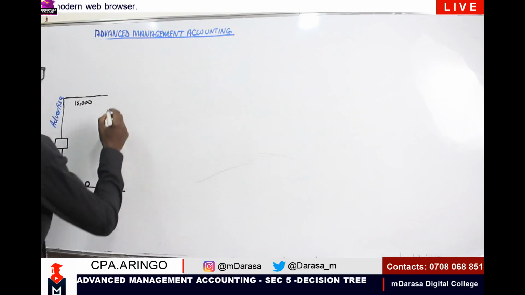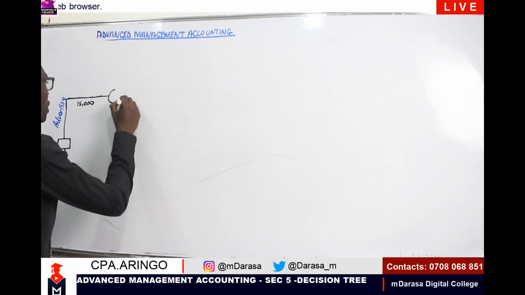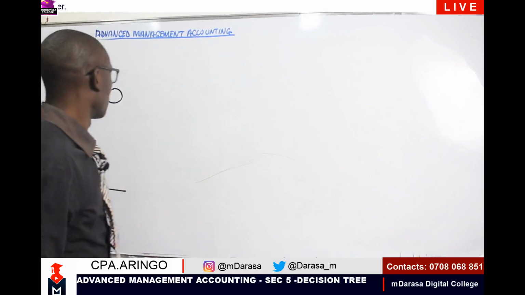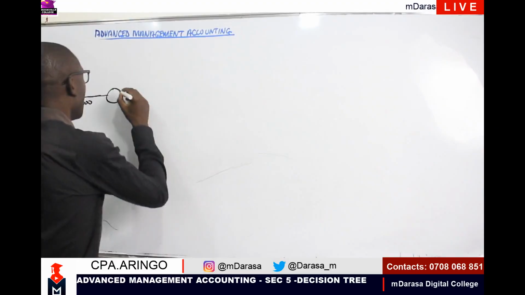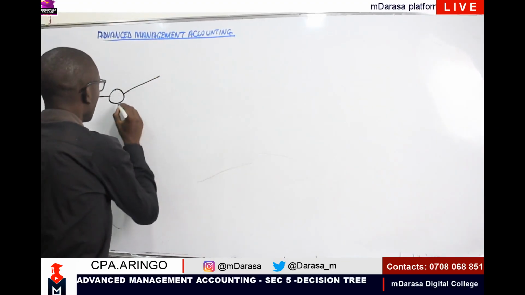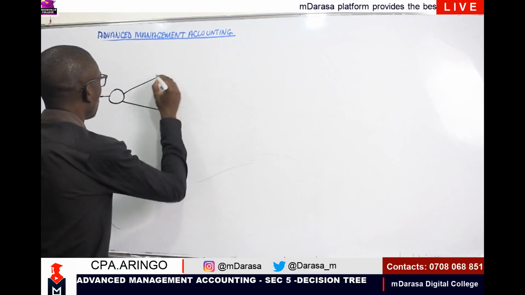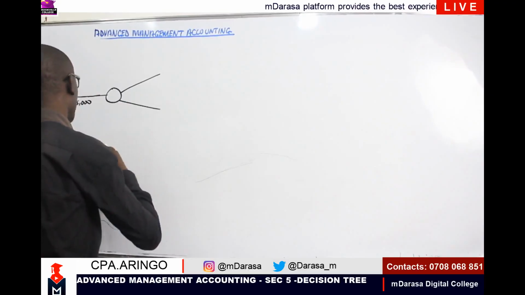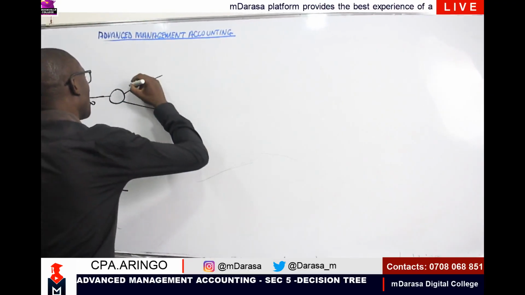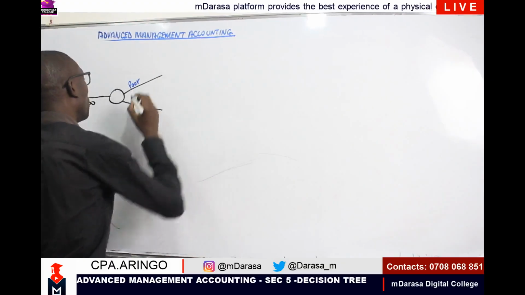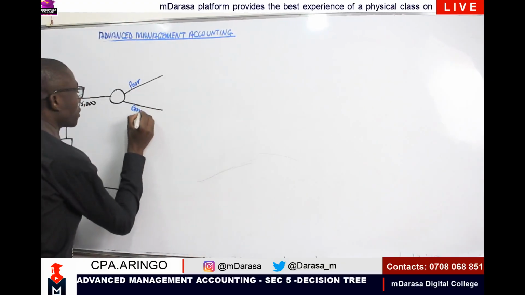So I'm having a state of nature node. If we advertise, our weather can either be poor or our weather can be good.